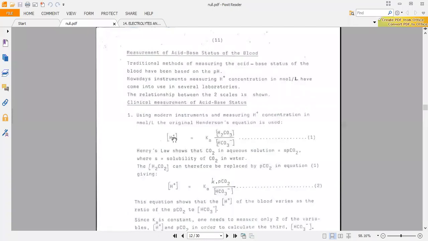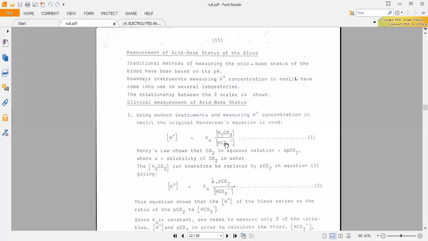But if we write it in this form, we will get H plus is equal to Ka multiplying the concentration of the acid over the concentration of the conjugate base. Okay, good. But when I convert it to pH, then pH is negative log.